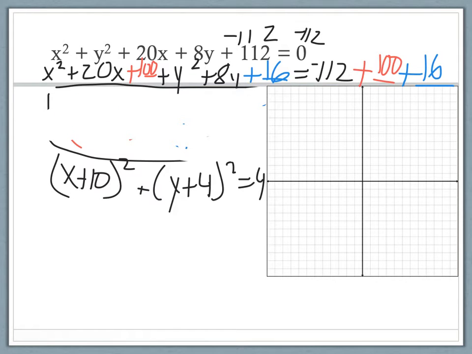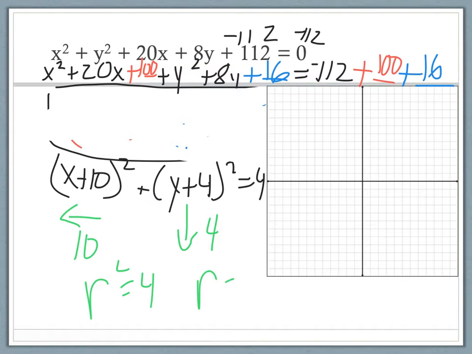Now, let's just graph this like we did yesterday. This plus 10 tells me I'm going to go to the left 10. This plus 4 tells me I'm going to go down 4. And my r squared is 4, so that means my r is going to be 2.